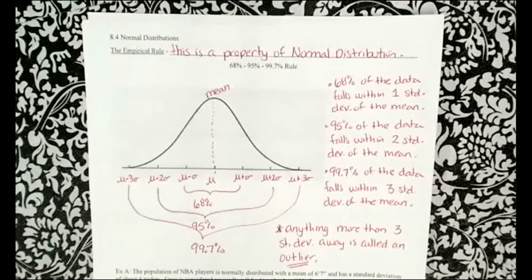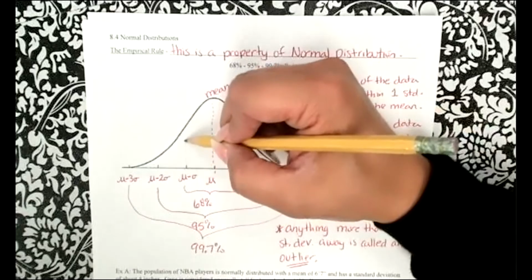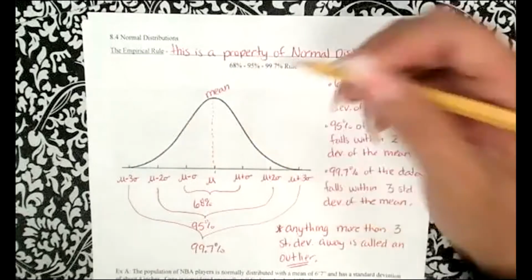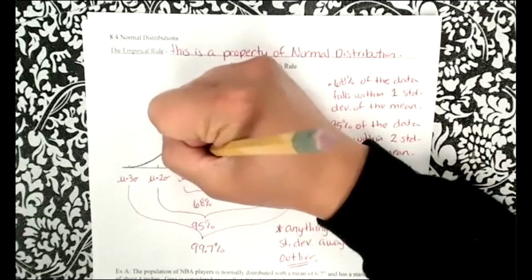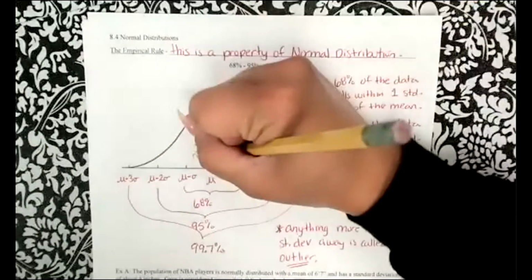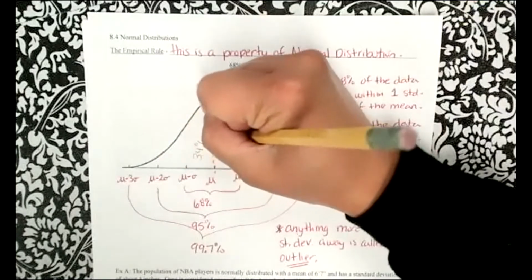Now, sometimes it's going to be asking like, how much is going from here to here? Well, if you think about it, if this is 68%, if I were to actually block this off, 68 divided by 2 is 34. So 34% of the data lands in this little region, 34% lands in this little region.